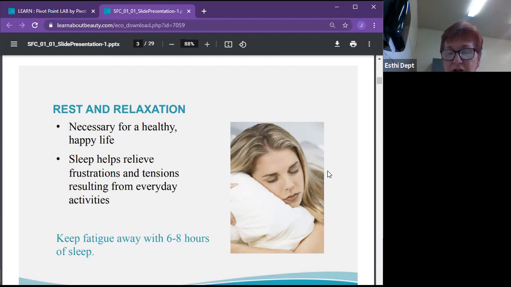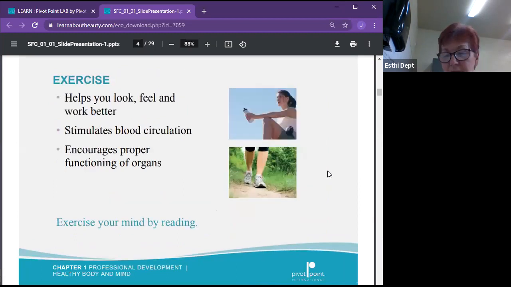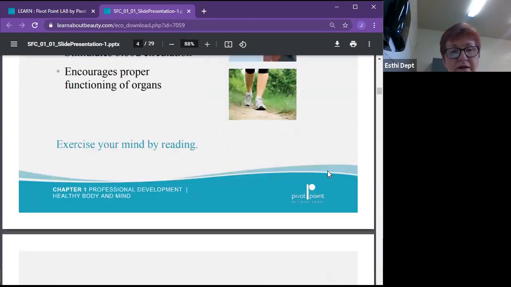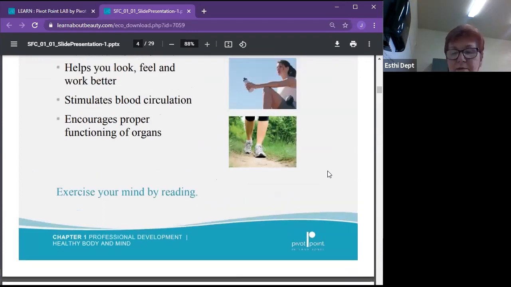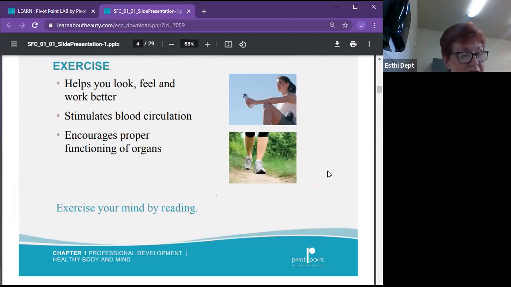Okay, we're going to go into exercising now. Regular exercise actually makes us feel better. All right, so you're going to enter this into your exercise. Regular exercise helps us look, feel, and work better. It stimulates blood circulation and encourages proper functioning of our organs.